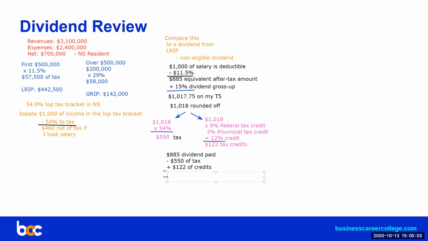And I get $428 net of tax. Okay. So a little bit less than if I had taken salary. Okay. Slightly less than if I took salary. Okay.